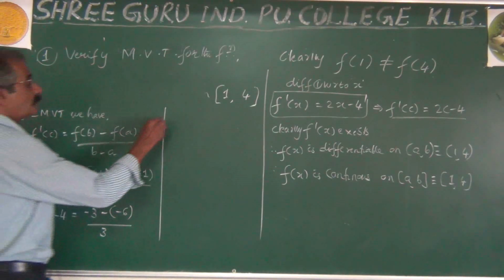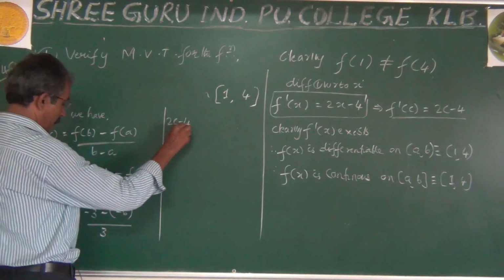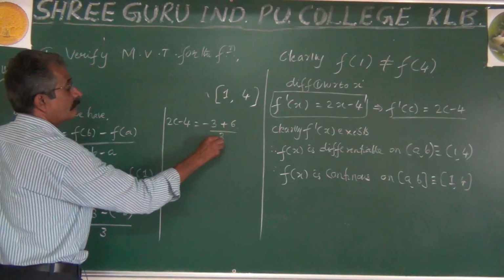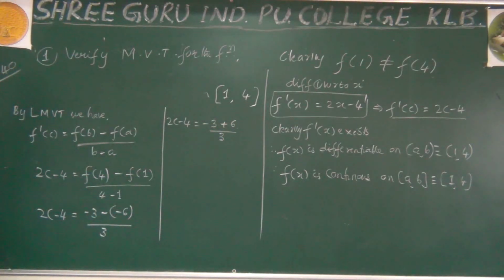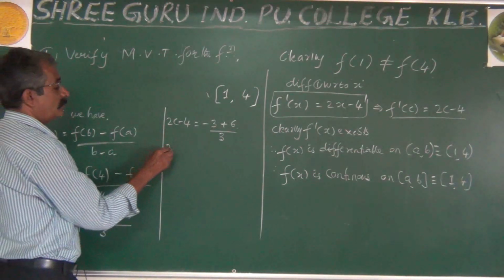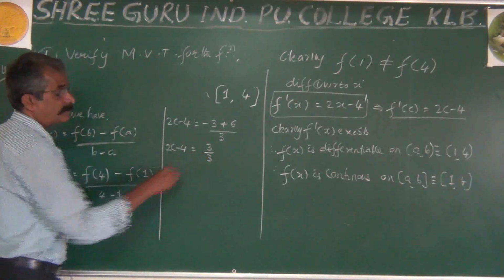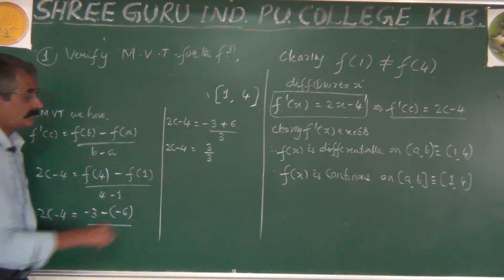Further, 2c minus 4 equals minus 3 minus of minus 6, by 3, or 2c minus 4 equal to 6 minus 3 is 3 divided by 3.